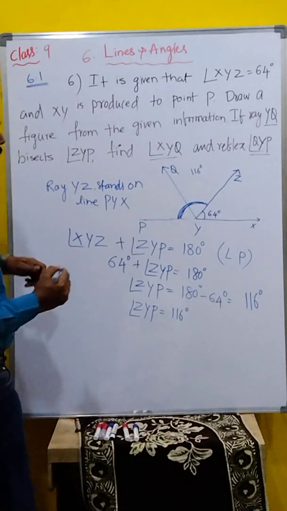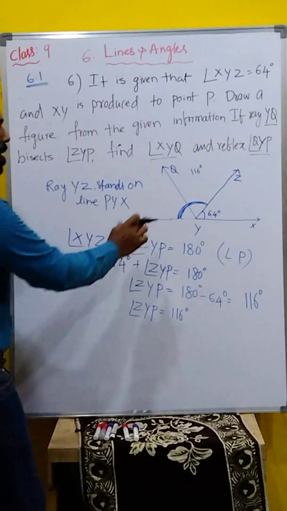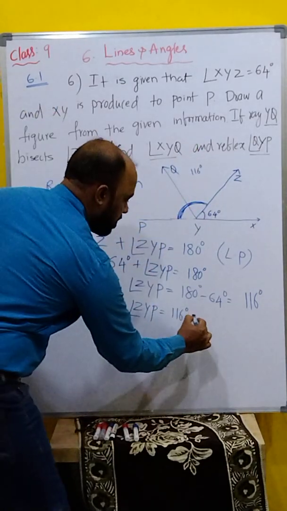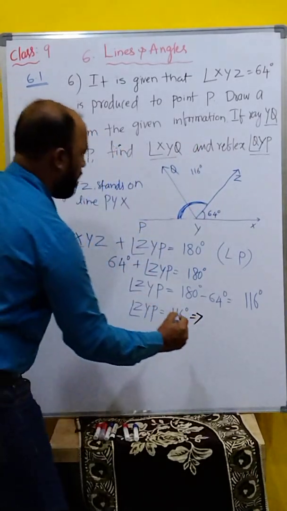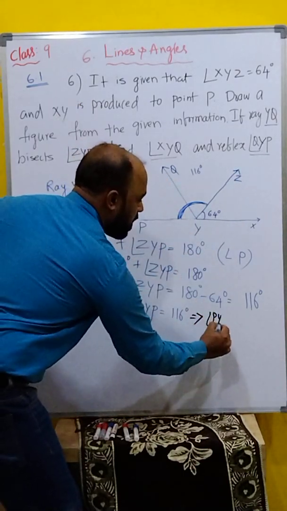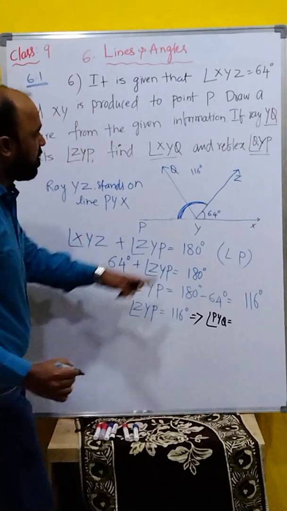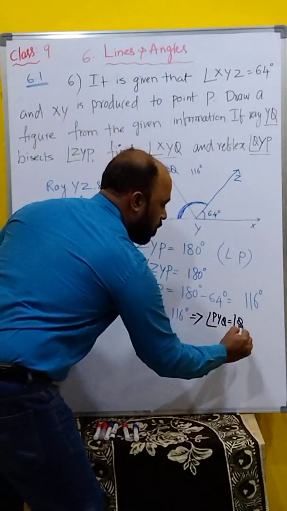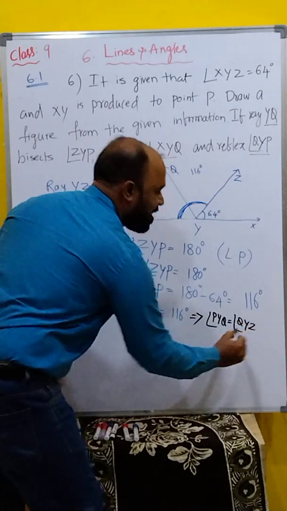First we'll go for that one. Separately find out PYQ and QYZ. Angle PYQ is equal to angle QYZ. These two are equal.